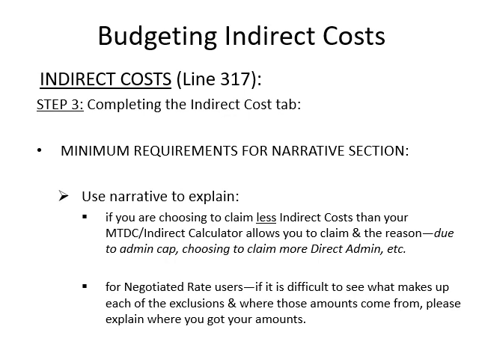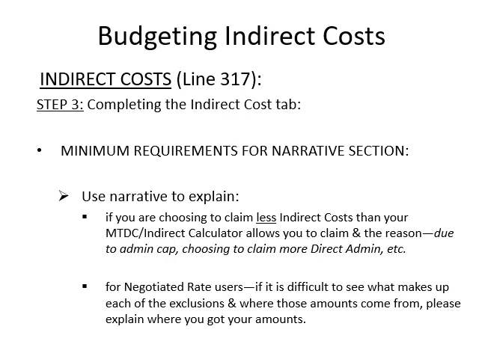You would also use the narrative to explain if you are choosing to claim less indirect cost than your MTDC calculator or your indirect calculator allows you to claim, and the reason. Most often that would be due to the administrative cap, or you may just choose to claim more direct admin than you are potentially allowed on the indirect.